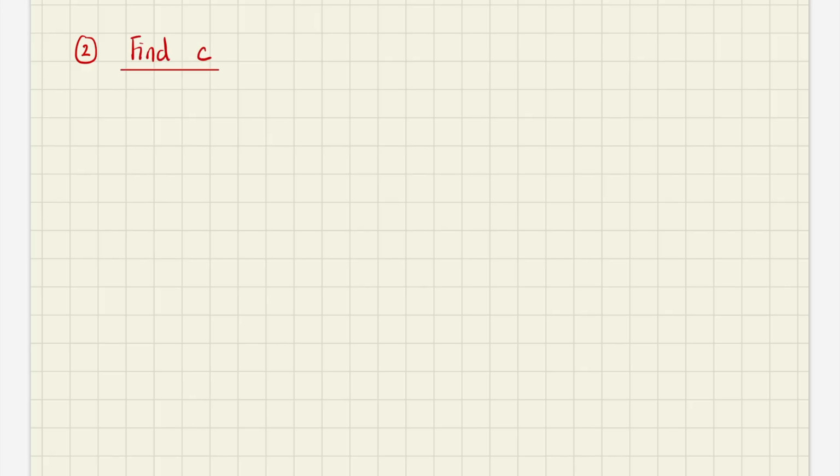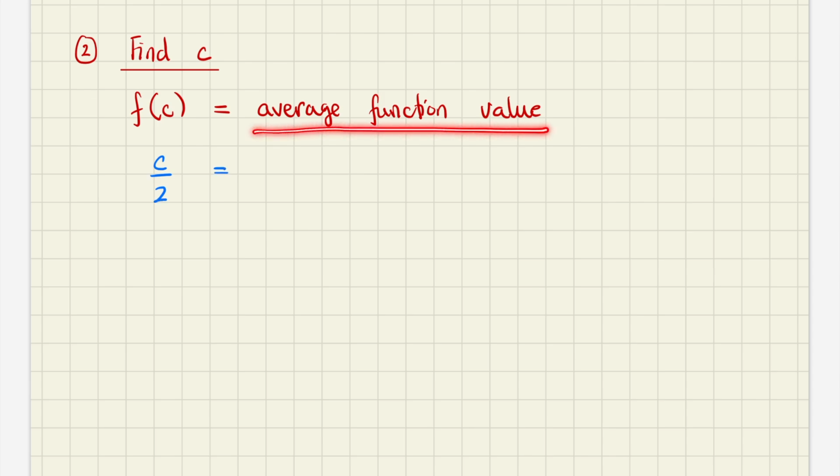We can also find c by setting f of c equal to the function's average value and solving for c. All right, f of x equals x over 2. So f of c equals c over 2. The average function value was found in the previous step, which is 3 over 2.